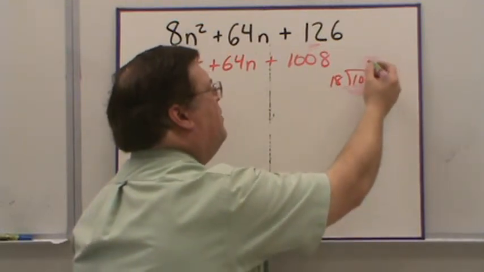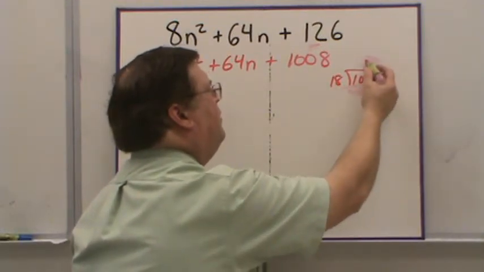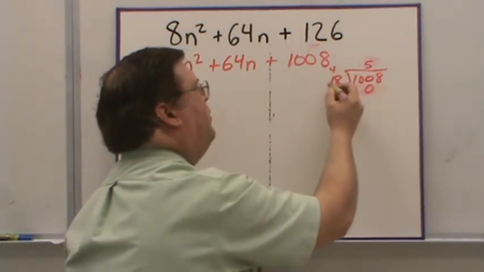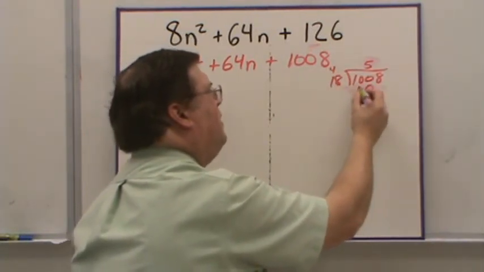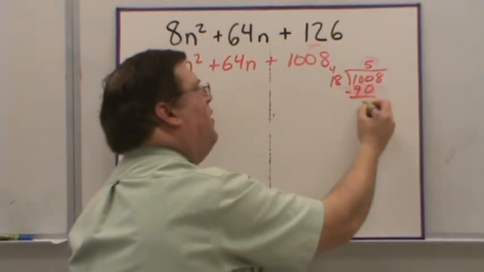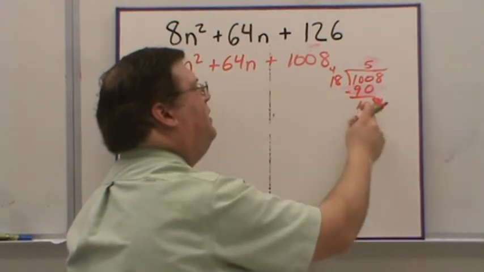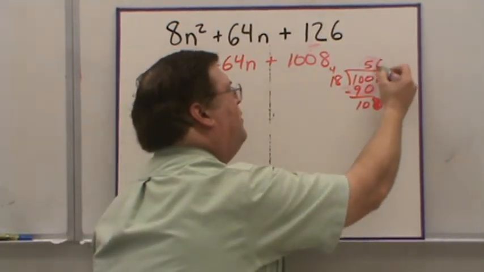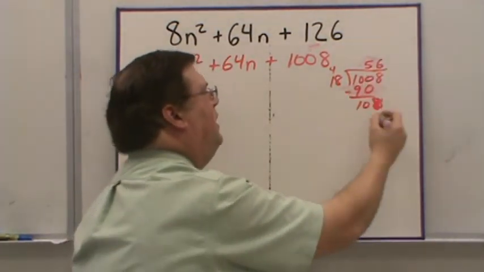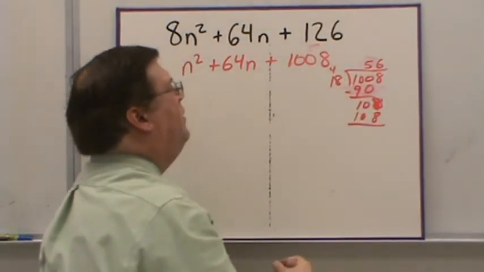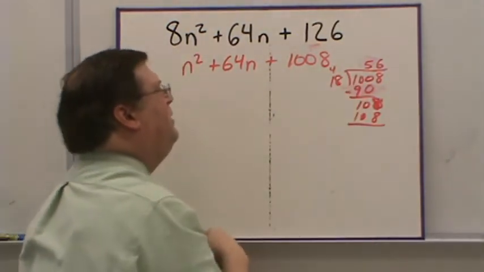No, so let's do 5. 5 times 8 is 40, so I get 90. Subtract that, I get 10 left over, bring down the 8. 18 goes into 108 6 times. 6 times 8 is 48. You get 108. So I've got 18 and 56.